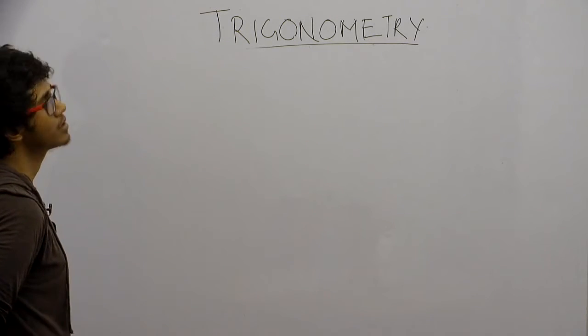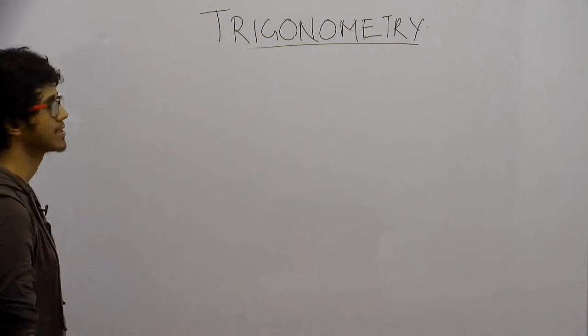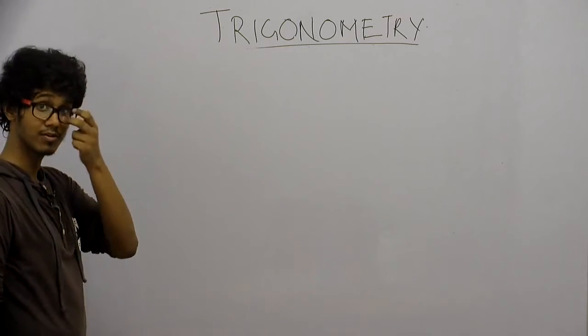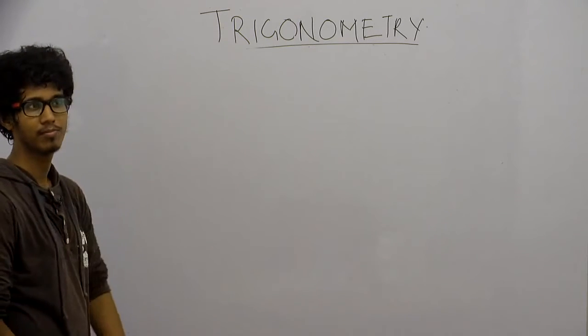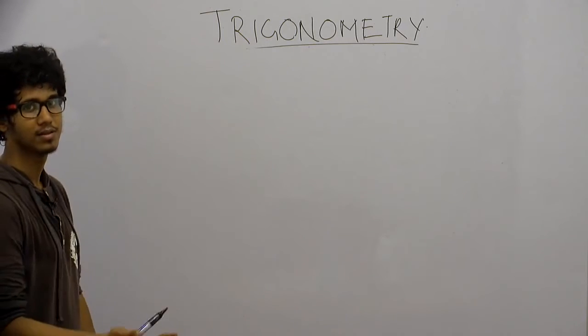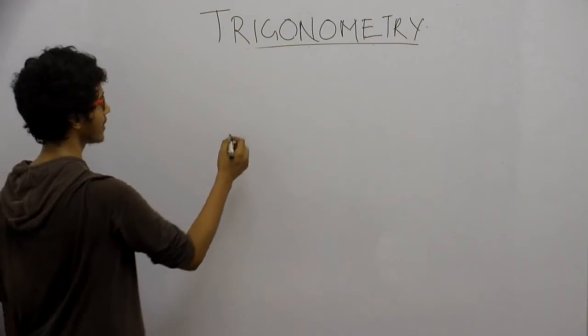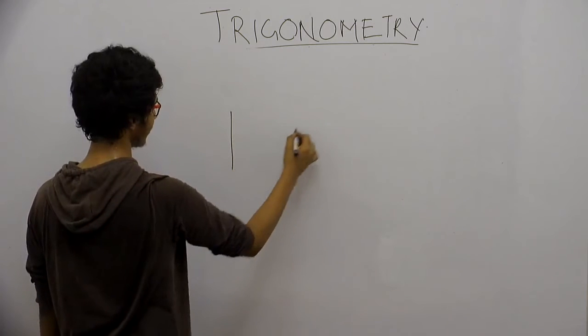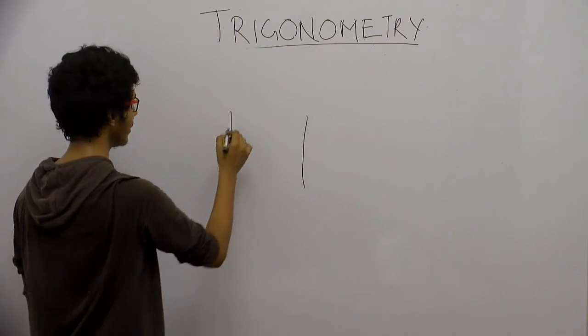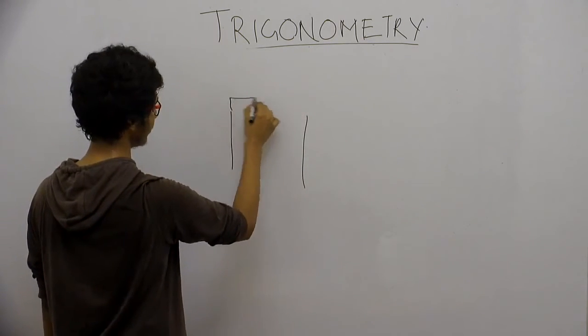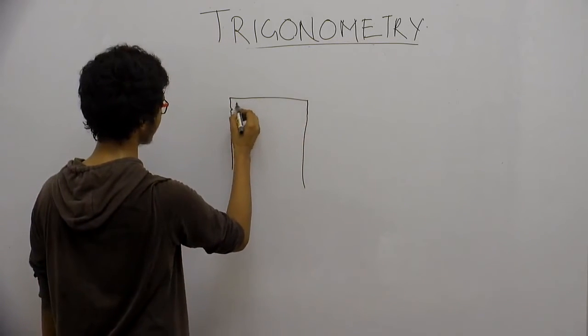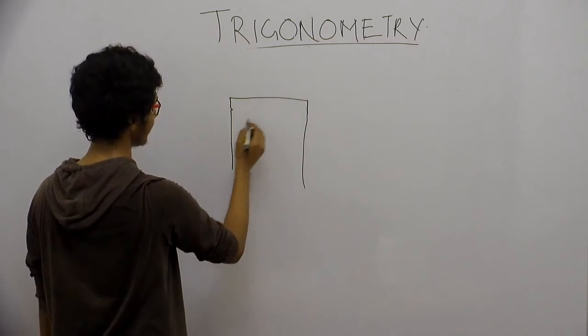Let's do a last example on heights and distances, and then we'll move on to some advanced stuff that will help you prepare better for the JEE. We are given a river that flows. Suppose this is a river, and we are given a bridge over the river.